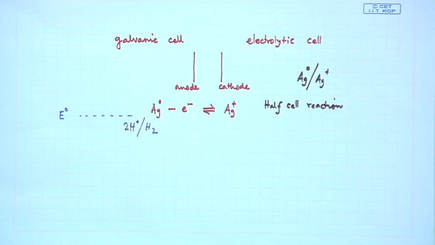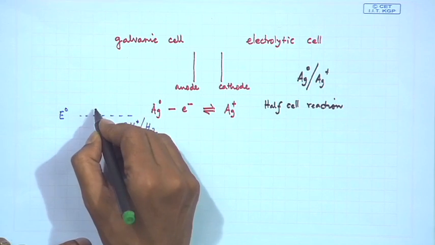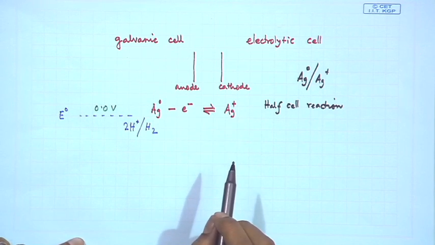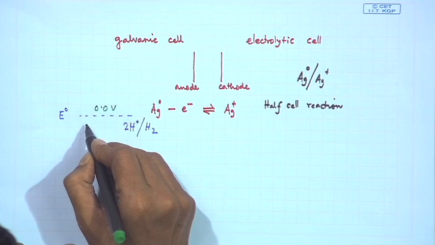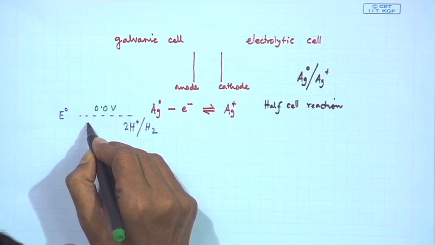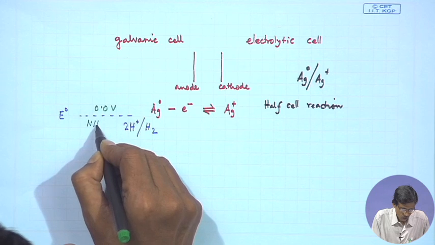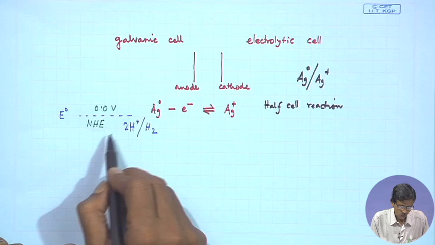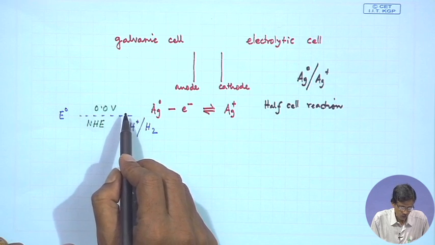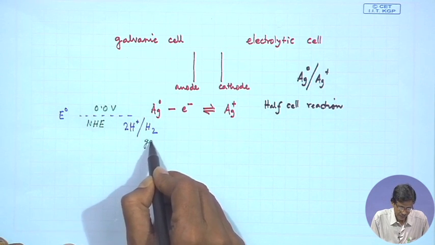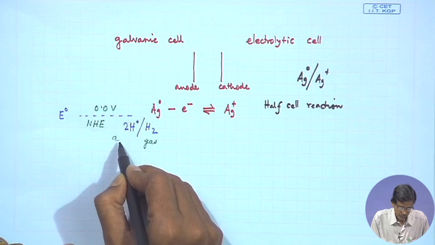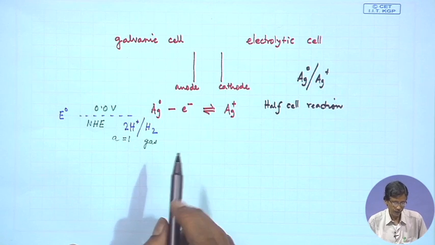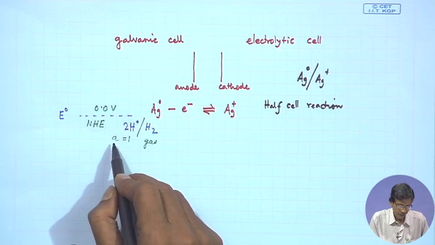So, this particular potential we will consider as 0.0 volt, and the reason we consider this as 0.0 volt is that we can have an electrode which we consider as the normal hydrogen electrode, NHE. With respect to the normal hydrogen electrode, you have hydrogen as the gas, and activity 1 of this hydrogen ion, that means the corresponding acid solution. So, the activity of that acid solution is also 1.